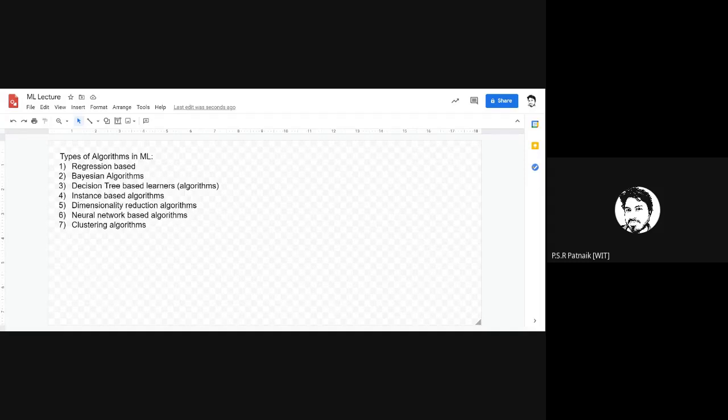For example, classification, clustering, neural network based tasks of classifying, rule pruning. There are a lot of ML tasks which we'll slowly discuss one by one. But let us discuss the types of algorithms.